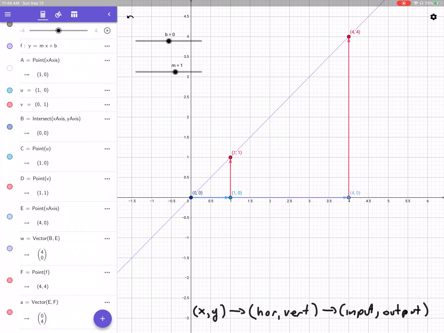Notice the solutions that are on the line, 1, 1 and 4, 4. It's one-to-one. So whatever input we get is the output we get. So our constant rate of proportionality in this case would be 1.